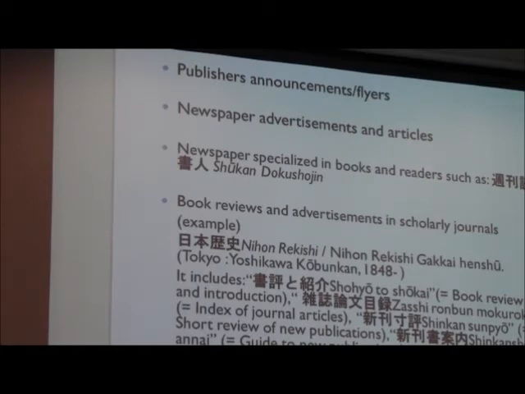And because it's published by Yoshikawa Kobunkan, at the end of the journal there's a long list of advertisements for Yoshikawa Kobunkan's publications. Probably some others, for example in Japanese literature, have similar things, but this is the most extensive book-related information in one academic journal.